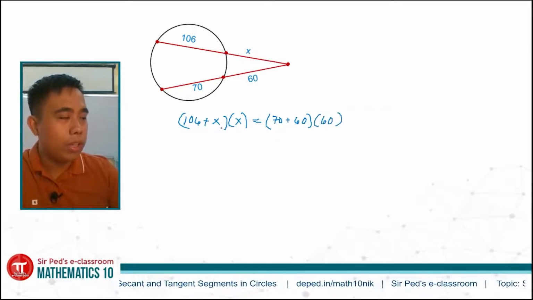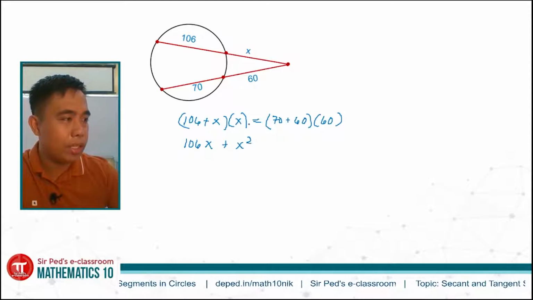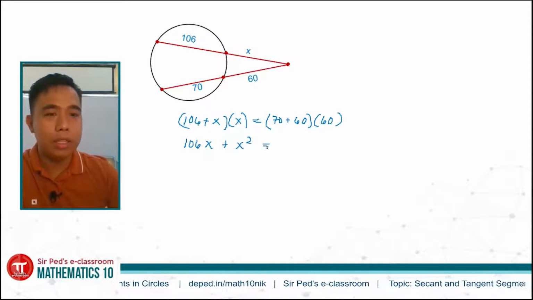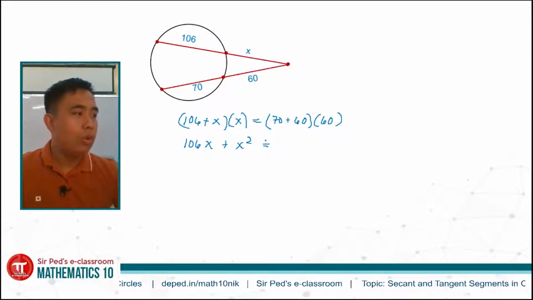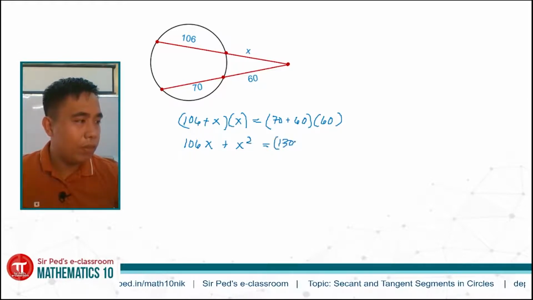So, get the product, that is 106x plus x squared. X times x, x squared. That is equal to 60 plus 70, 130 times 60.